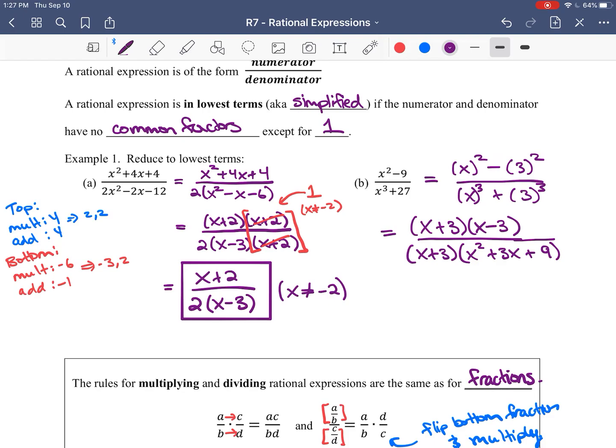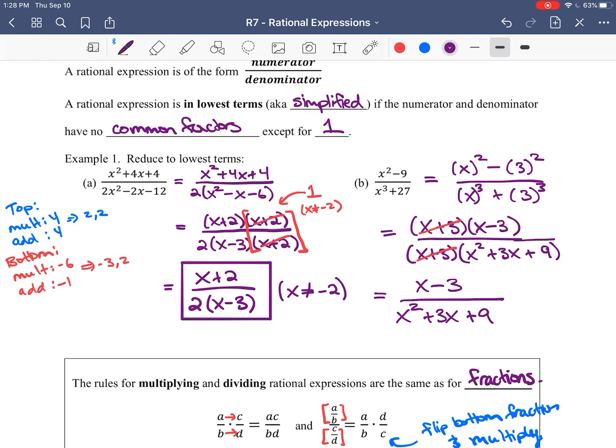Now I can see that we have a common factor. x plus 3 is in the top and the bottom, so we can cancel it out, assuming that x plus 3 is not 0. We might want to make a note of that, but that's more important later on. So we're left with x minus 3 on the top, and on the bottom we have x squared plus 3x plus 9.